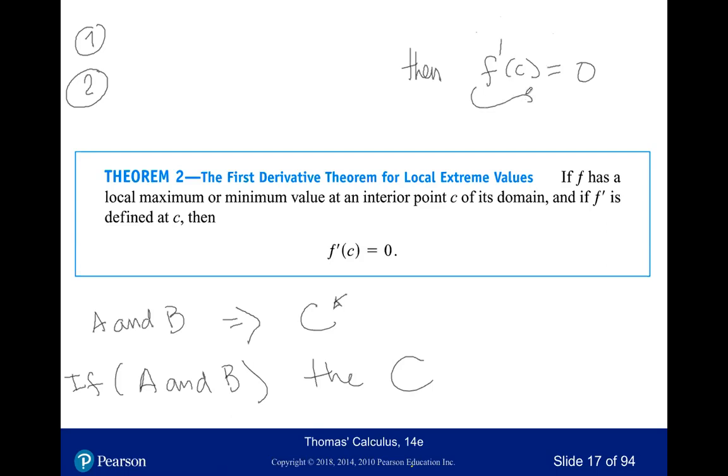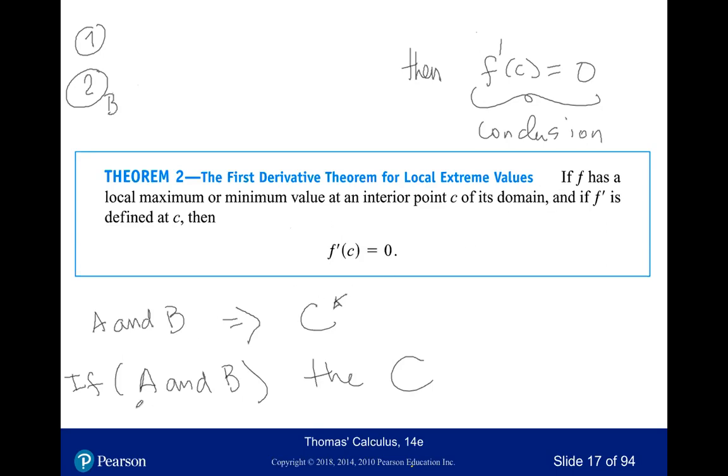This is my conclusion. Okay, what about the other parts? What about this A and this B? So let's start with B. That's a sort of easier thing. That's my B. B would be if F is defined at C.